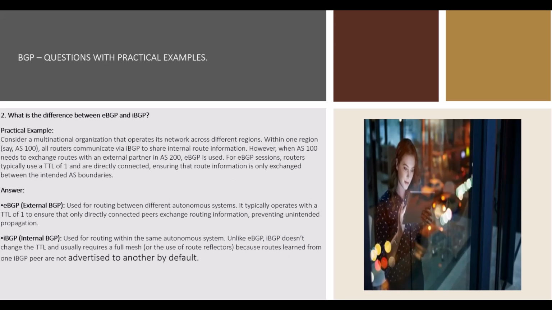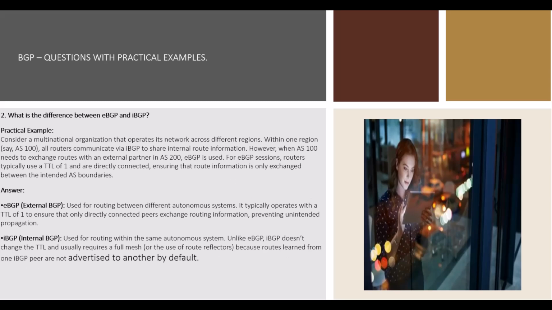It typically operates with TTL 1 to ensure that only directly connected peers exchange routing information, preventing unintended propagation. So this is how BGP works.